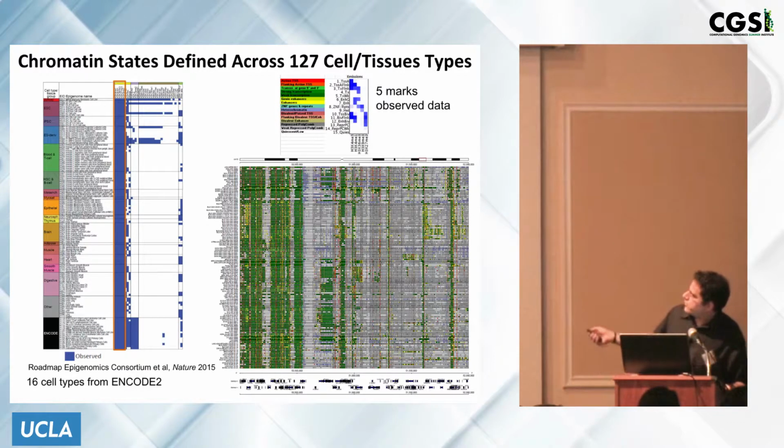So in this project, we applied ChromHMM to these 127 samples that had 5 histone modifications directly mapped experimentally. What you're seeing now is one of these chromatin state annotations across these 127 samples into 15 different chromatin states.